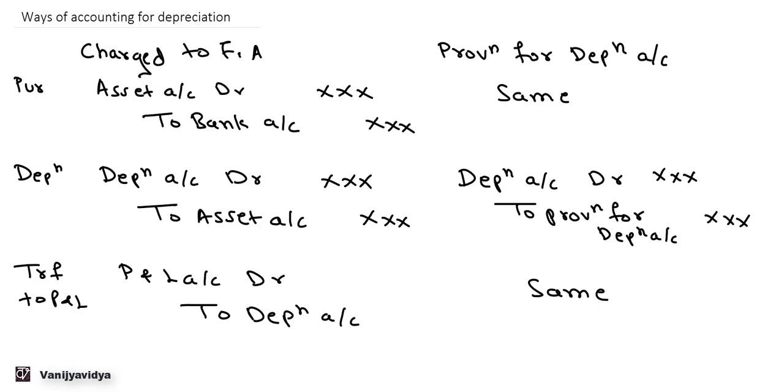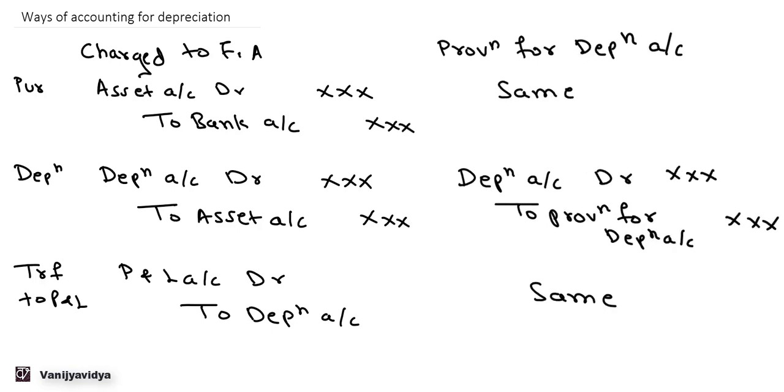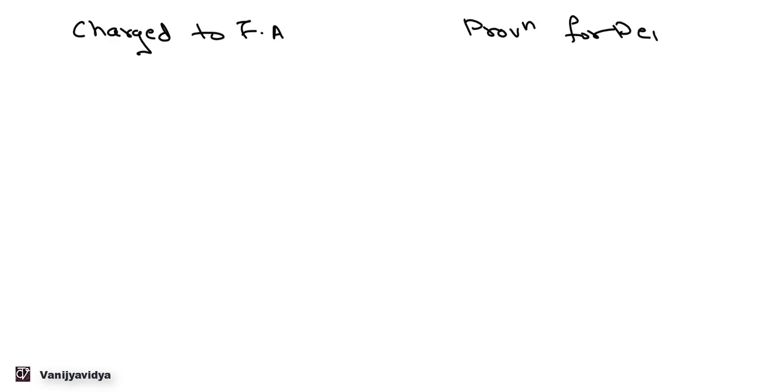Now we will see the accounting entries when there is a sale of asset. Whenever there is a sale of asset, this is the method wherein we charge to fixed asset, and here provision for depreciation account is maintained. Whenever there is a sale of an asset, depreciation till the date of sale is calculated.